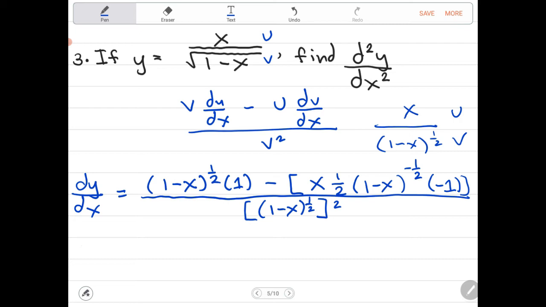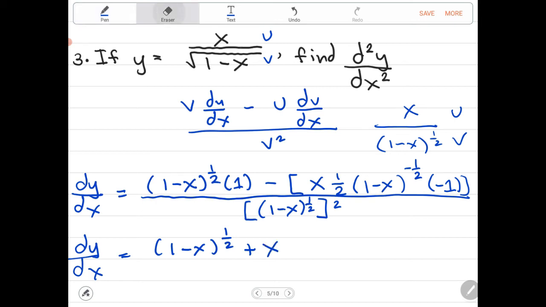So dy over dx, we have, this is 1 minus x raised to 1/2 minus, ito magiging plus na kasi negative 1 and negative, that is plus. Then 1 times x, that is x.